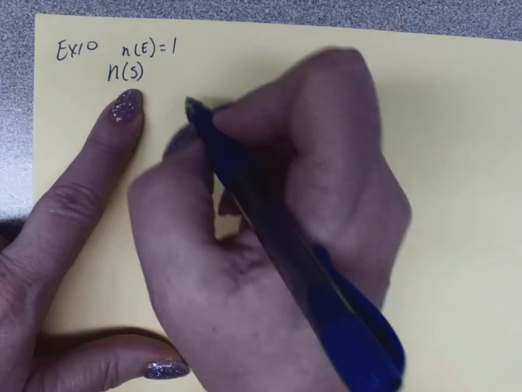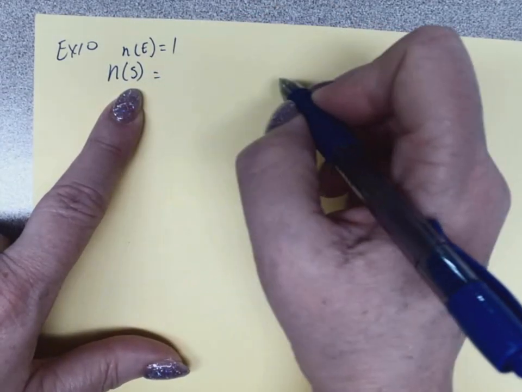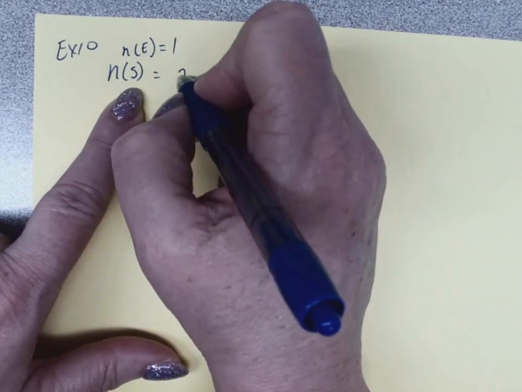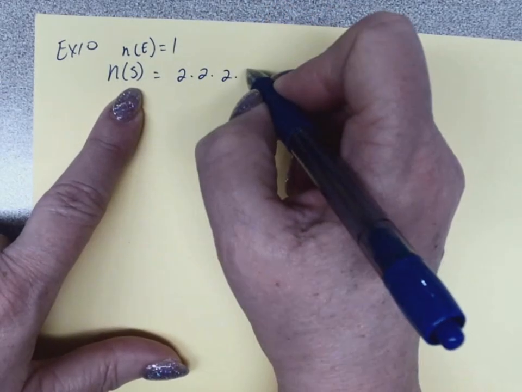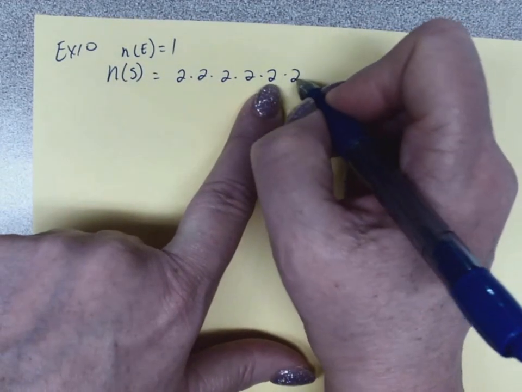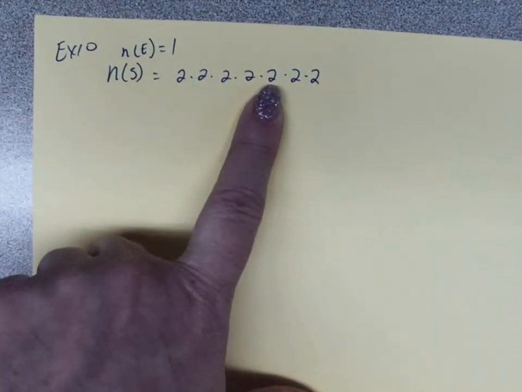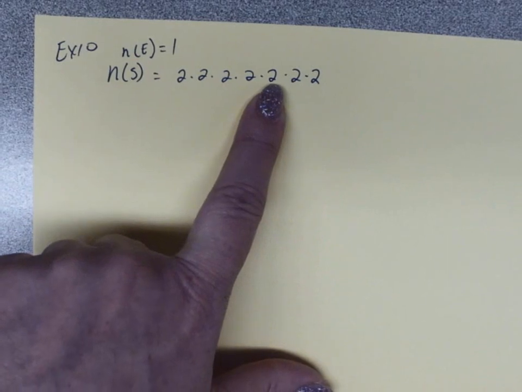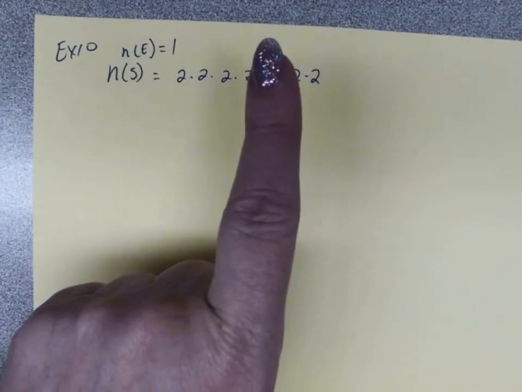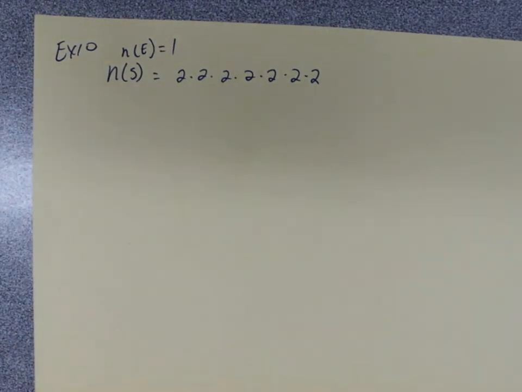So the N of S is going to be 2 times 2 times 2 times 2 times 2. One, 2, 3, 4, 5, 6, 7. Now, I'm only doing 7 of those because one of the coins only has one answer, right?